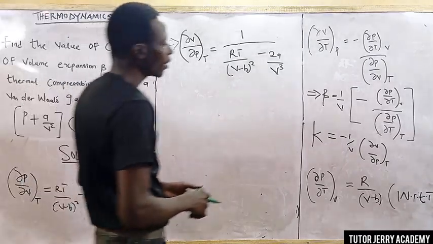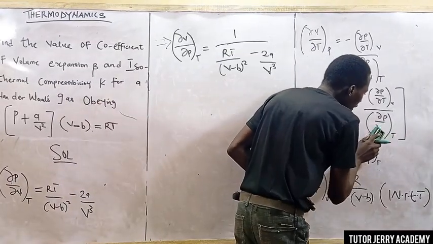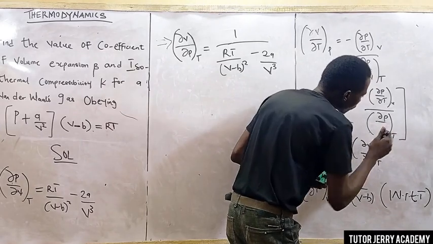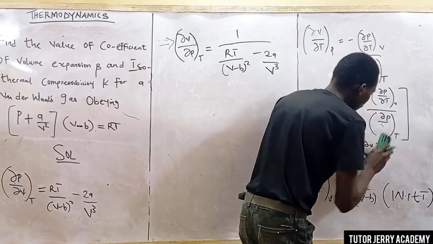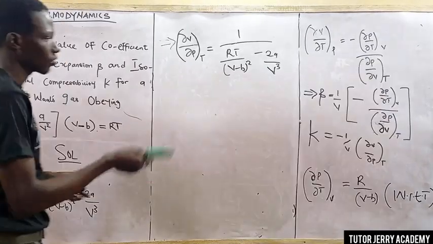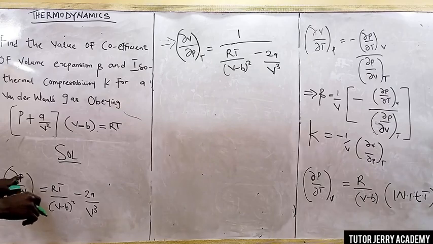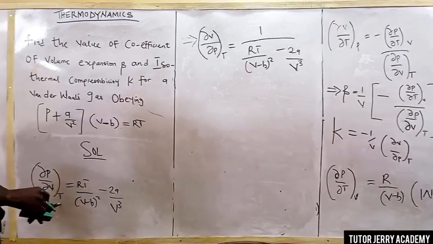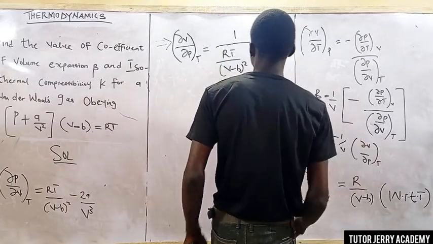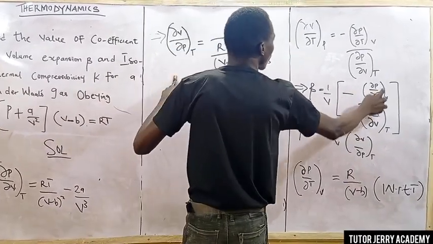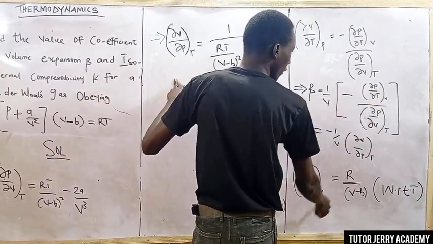There's a little error here; it's supposed to be the V. So this is what we have. Similarly, we have P over V keeping T constant, and here we have P over T keeping V constant.